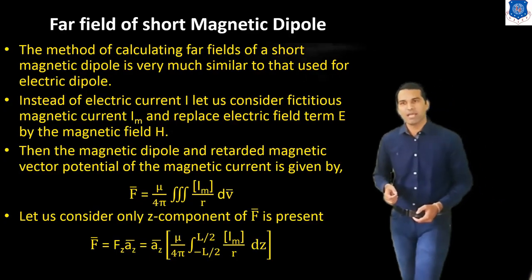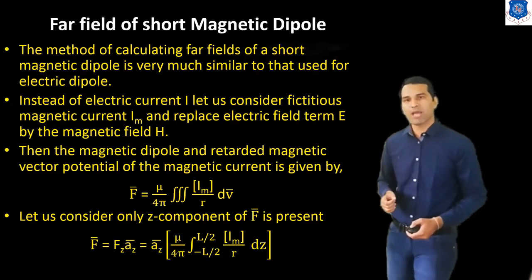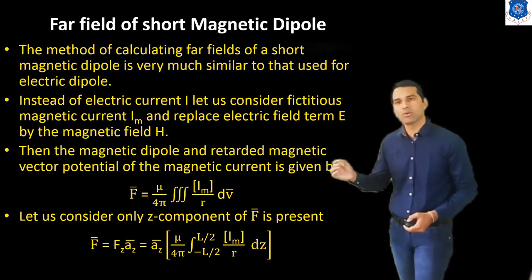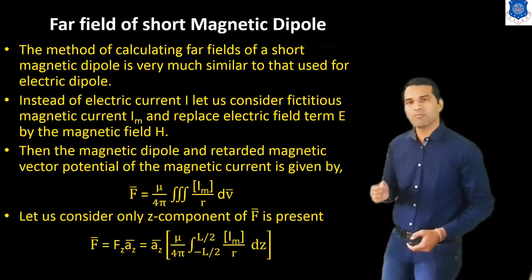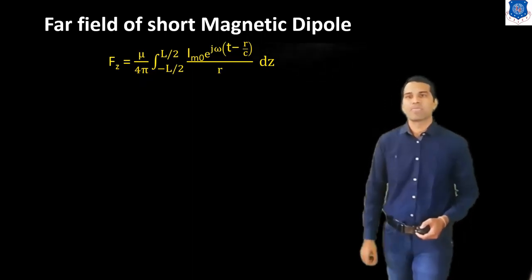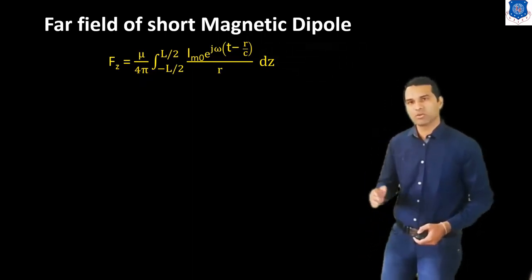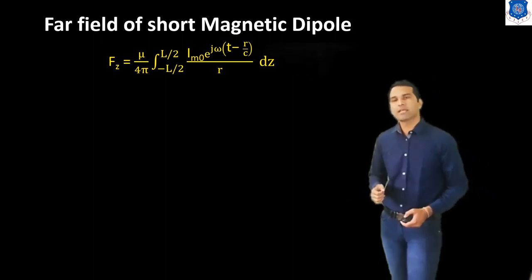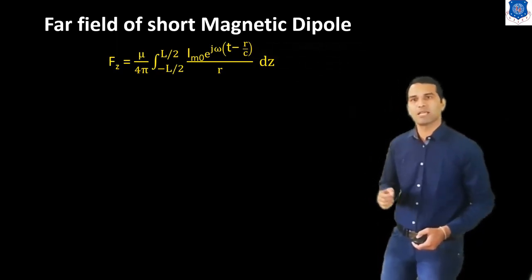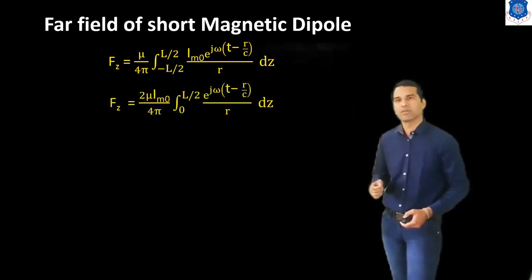So we can write Fz = ν/4π ∫ from −L/2 to L/2 of Im/R dz. Since ν/4π is a constant, we take it outside, and the integration from −L/2 to L/2 of Im0 e^(jω(t − R/c))/R dz.